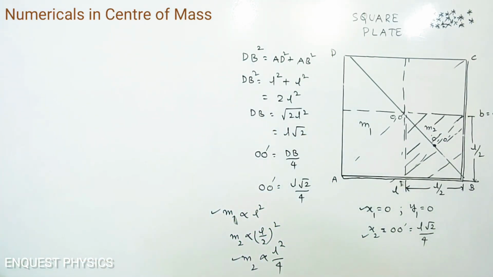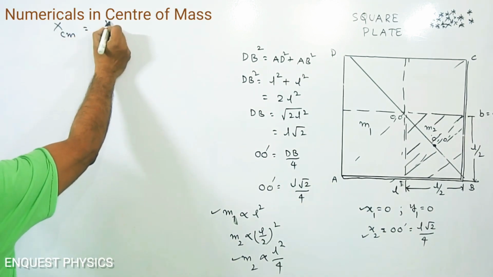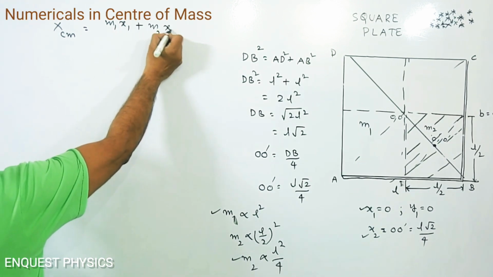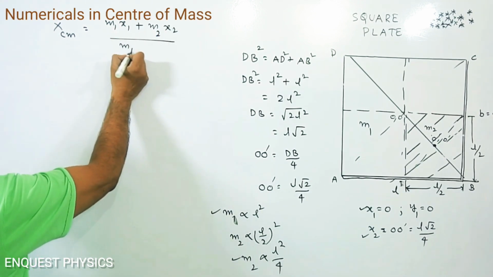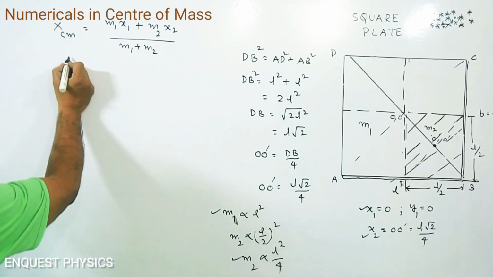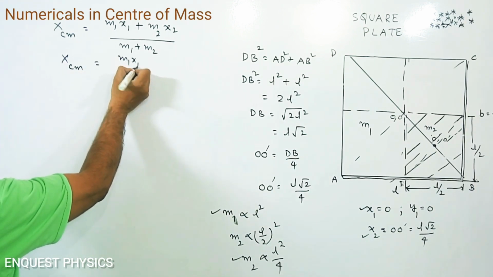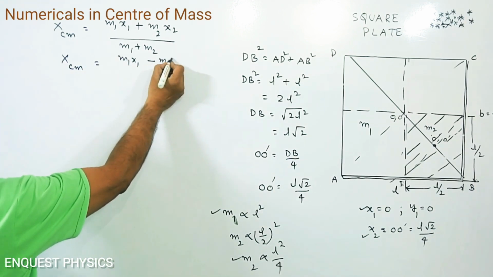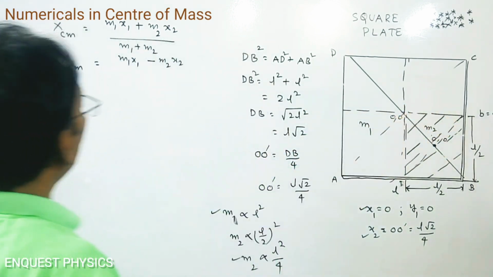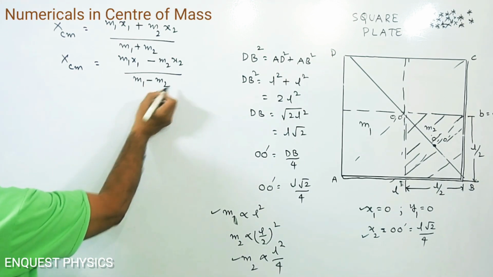Next we substitute the values. We get XCM, as you know, is M1 X1 plus M2 X2 by M1 plus M2. Or it can be written as XCM equal to M1 X1 minus M2 X2, since we are considering the removed mass as negative, by M1 minus M2.